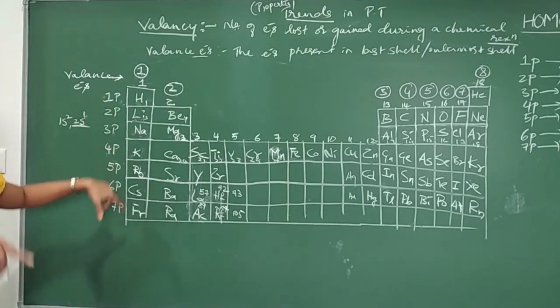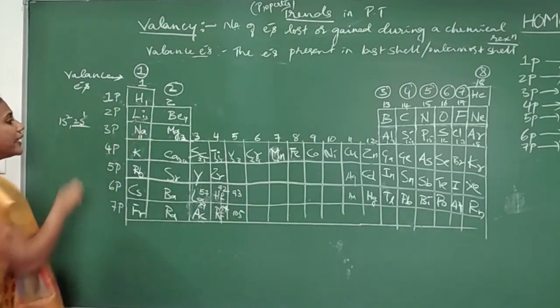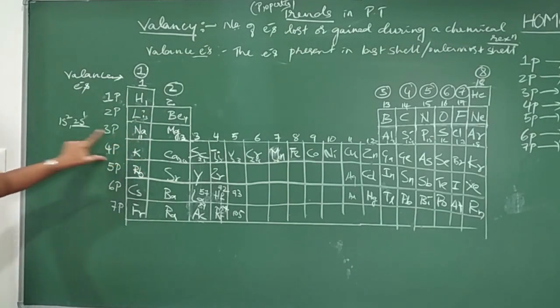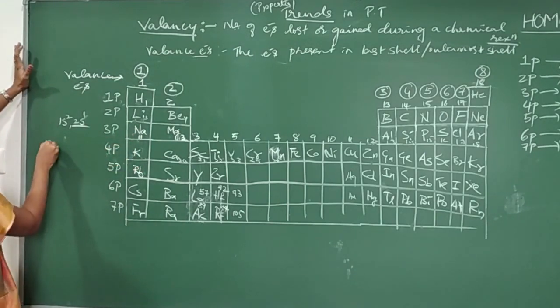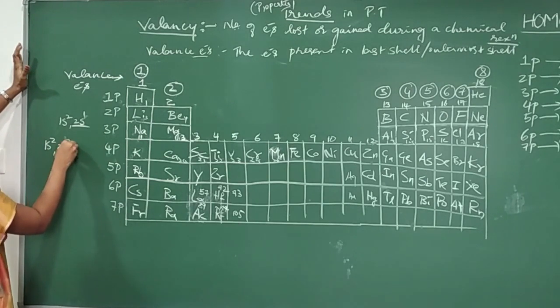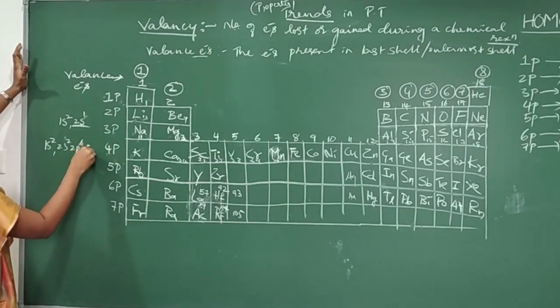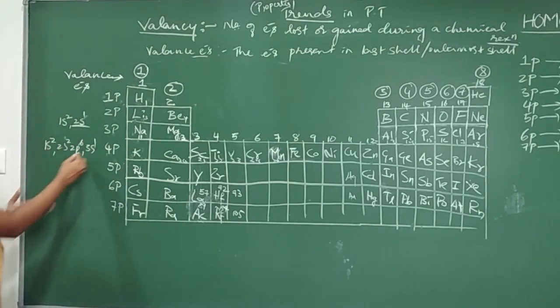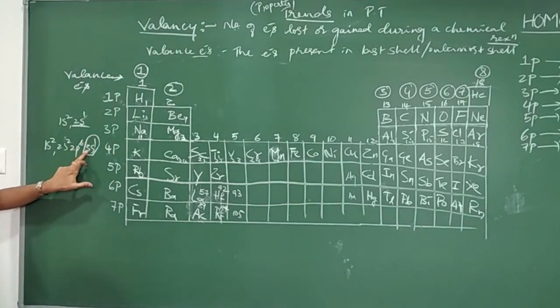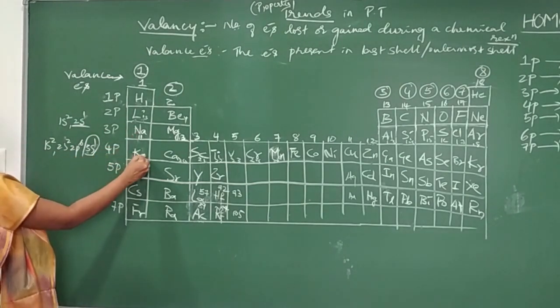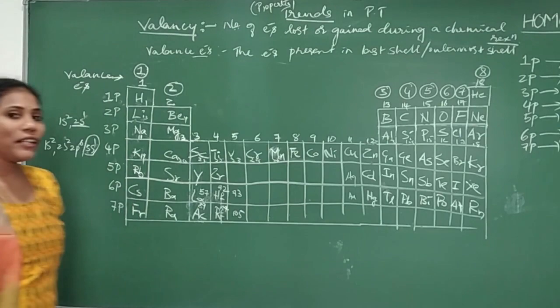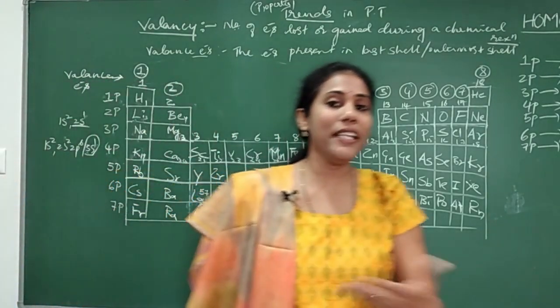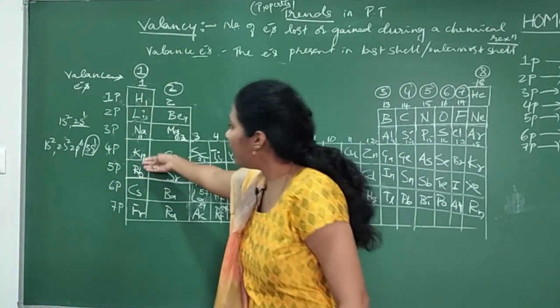Coming to sodium, atomic number 11, the electronic configuration is 1s2, 2s2, 2p6, 3s1. Which is the last shell? The third. How many electrons are there in this shell? 1. So sodium also has 1. Potassium, atomic number 19: you can write the electronic configuration and check, and you will get 1 only.